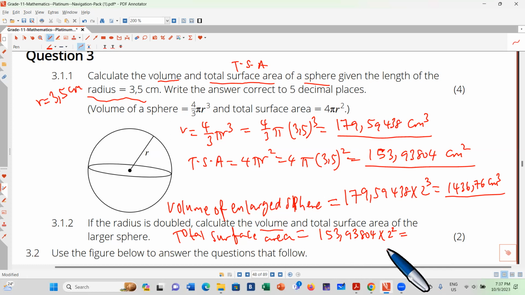If you use your calculator, for the enlarged total surface area, it is 615,75 square centimeters.